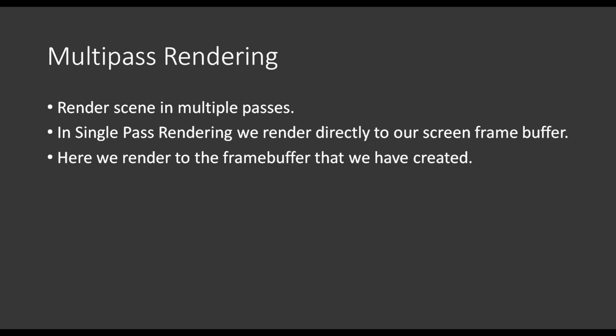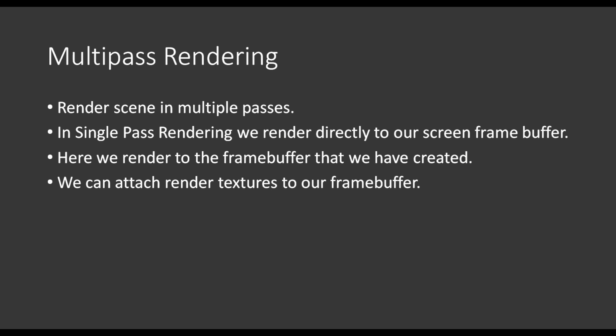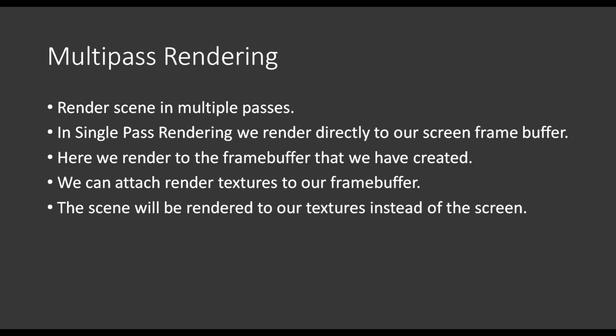But here, each time we draw something, we don't render to this default frame buffer. This means we don't display the results on the screen right away. Instead, we render to our own custom created buffer, to which we can attach, for example, an RGB texture. This means that the scene we render will be rendered to that texture. Then later, when we produce our final frame, we can use that texture in the same way we use textures loaded from image files.